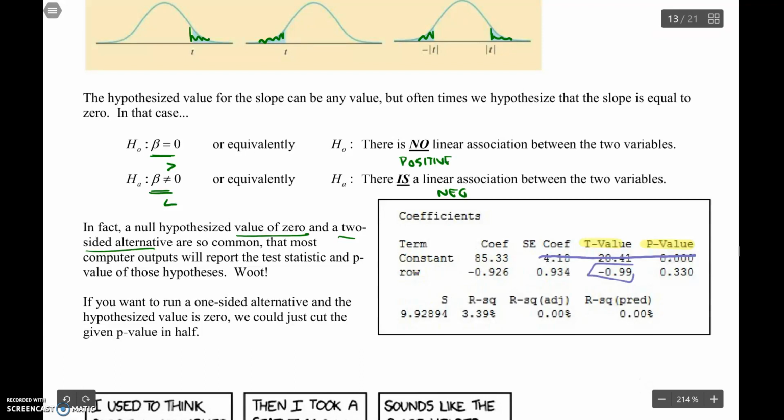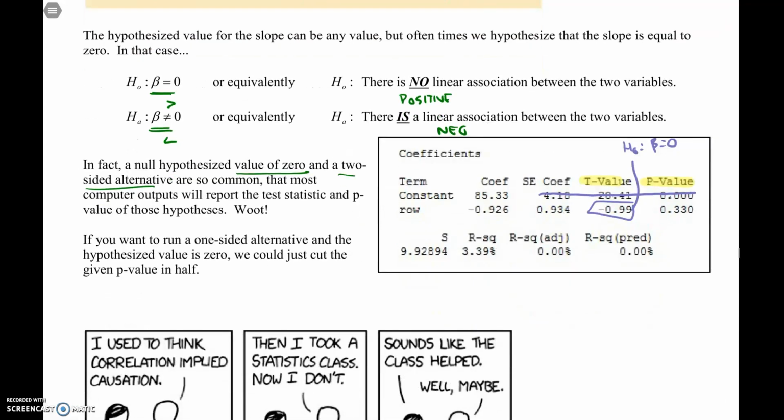This value here is a test statistic for the null hypothesis that beta is equal to 0. Now, if you want to have beta not equal to 0, you have to calculate that by hand. And then, if you run a two-sided test, this is your p-value. So this is beta not equal to 0.